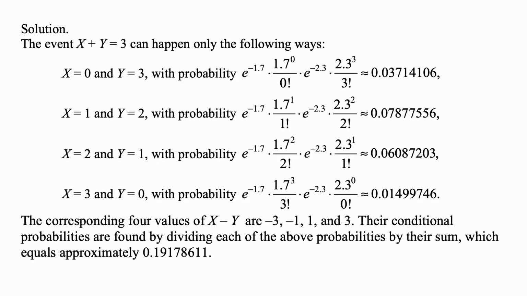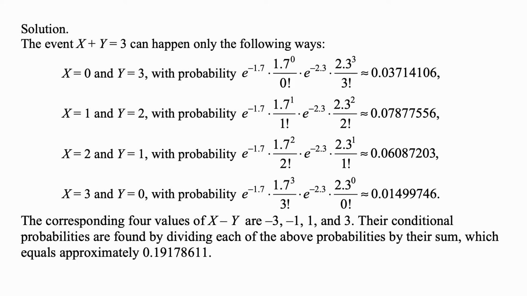And here's the solution. The event X plus Y equals 3 can happen only the following ways. X equals 0 and Y equals 3 with probability e to the minus 1.7 times 1.7 to the 0 divided by 0 factorial, that's the probability that X is 0, times e to the minus 2.3 times 2.3 cubed over 3 factorial, that's the probability that Y is 3.